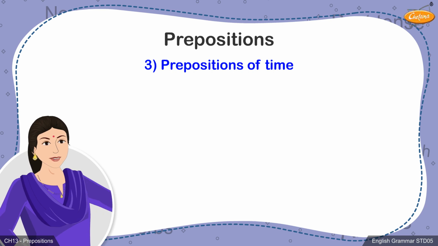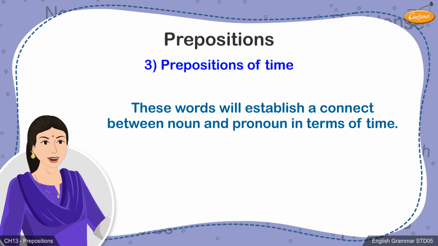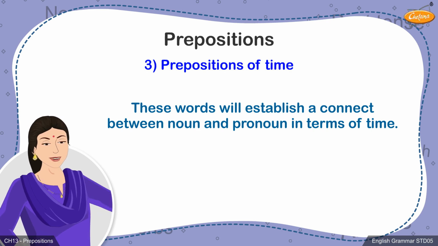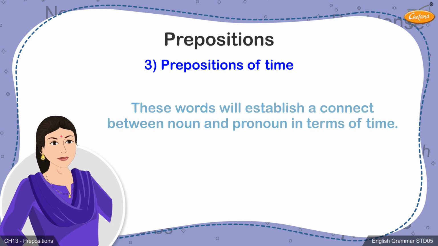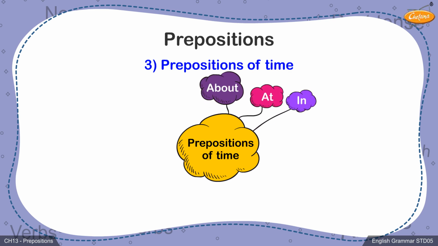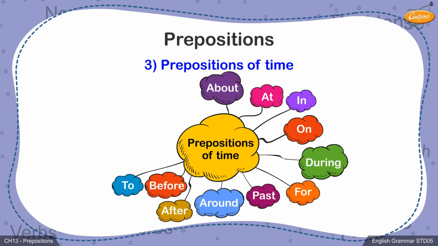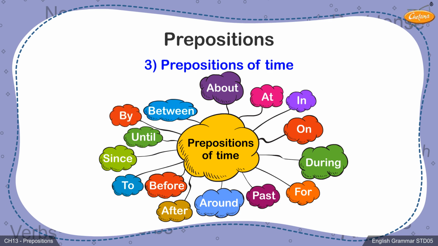As suggested in the name itself, these words will establish a connection between noun and pronoun in terms of time. The common prepositions of time are about, at, in, on, during, for, past, around, after, before, to, since, until, by, between, from.